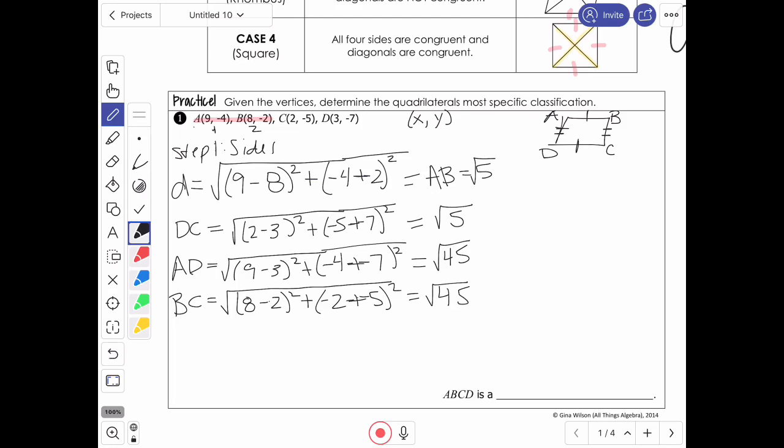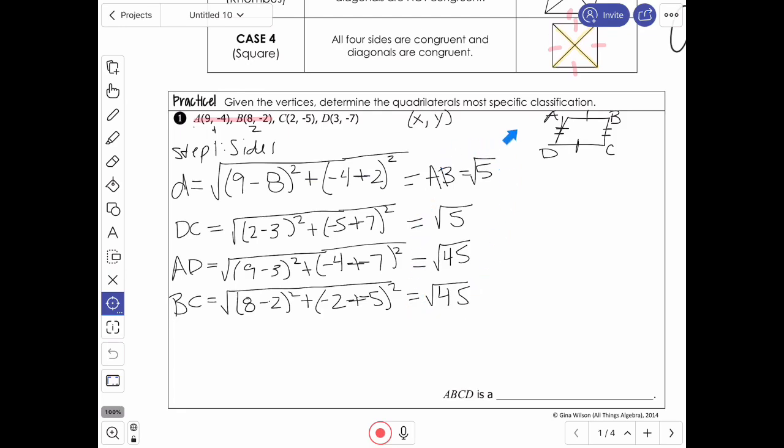So, okay. Right now, let's pause and think. So I showed that these two pairs of opposite sides were congruent and that these two pairs of opposite sides were congruent.